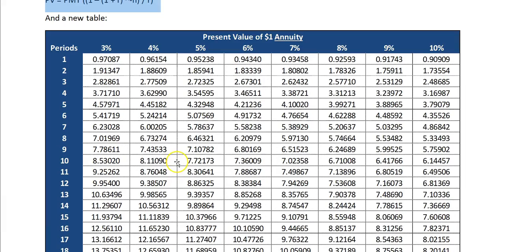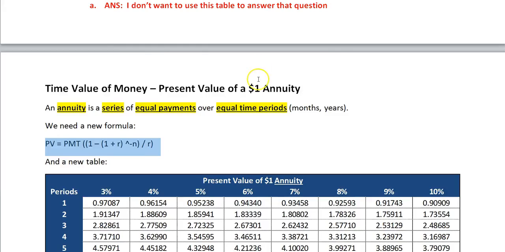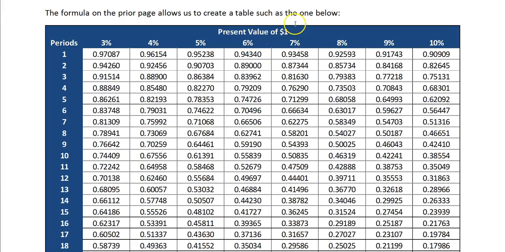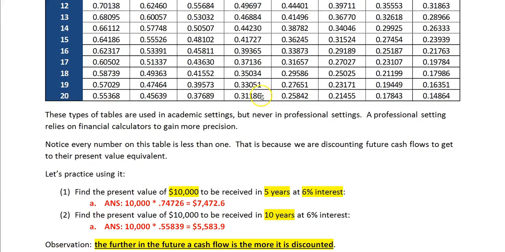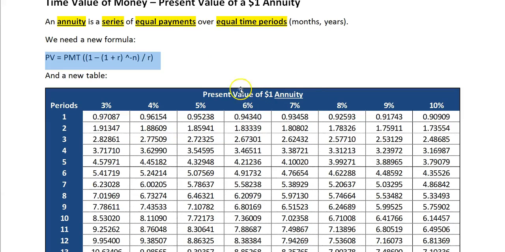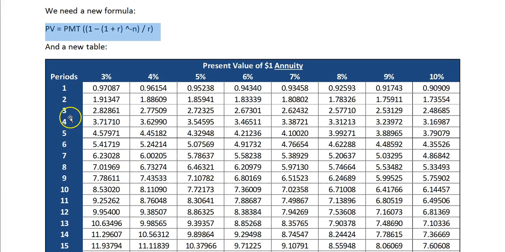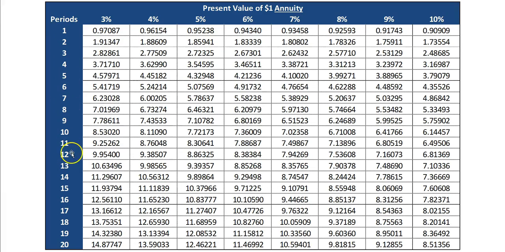Notice here, this is for an annuity. So we got 2 different tables. Don't confuse them. This is the present value of just a single payment, one single payment. This is multiple payments. There's 1 payment per period. So this is an annuity. If it's monthly, then we'd have to line up the number of periods being 12 in a year. So the number of payments have to correspond to the number of periods. That's why we can get numbers here that are larger than 1.